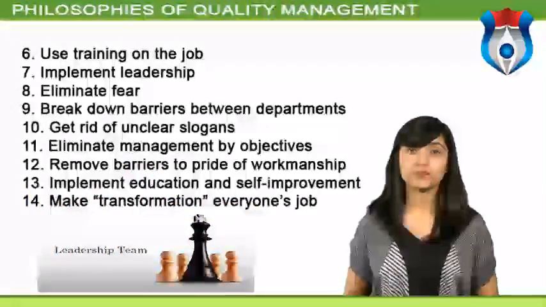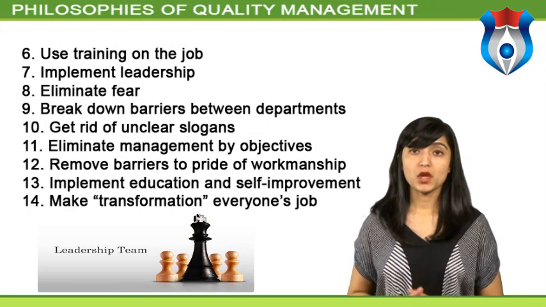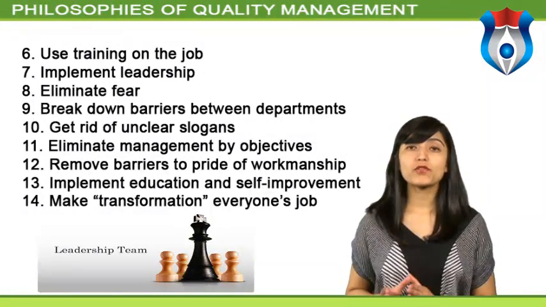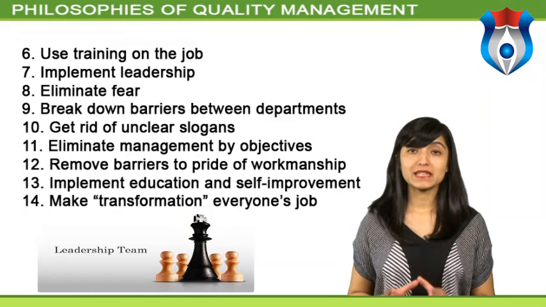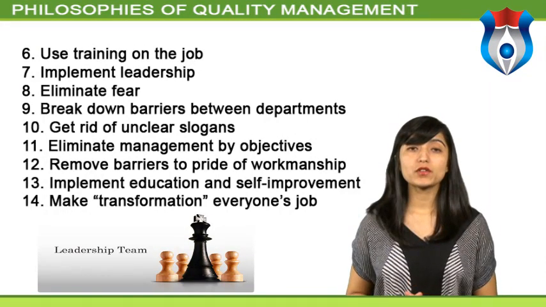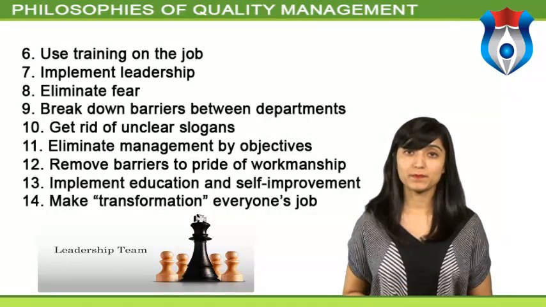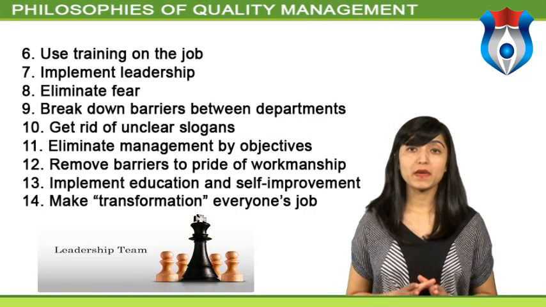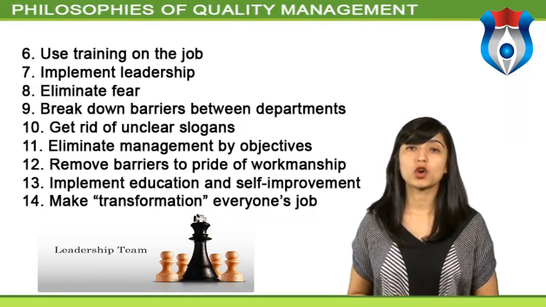Implement leadership. Eliminate fear. Break down barriers between departments. Get rid of unclear slogans. Eliminate management by objectives. Remove barriers to pride of workmanship. Implement education and self-improvement. Make transformation everyone's job.